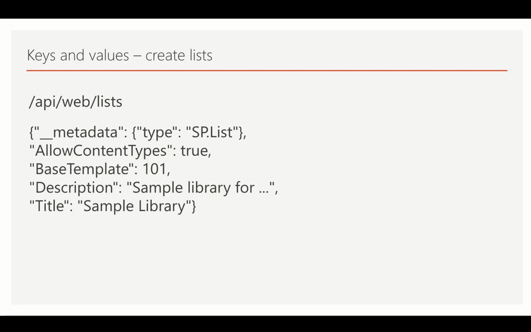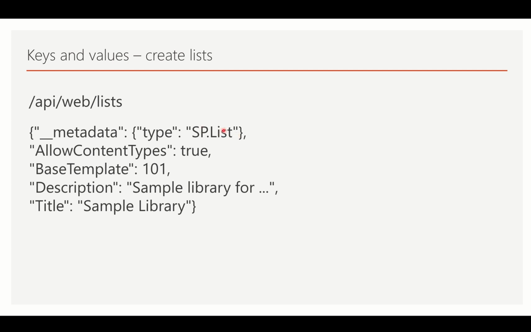All right, so when we're creating lists, we're using the endpoint API web lists. And then we're specifying what is the thing that we're going to be editing, right? And so we're in this type of SharePoint list. And that's why we went to that page to look at the SharePoint types so that we would know what type we needed, all right?